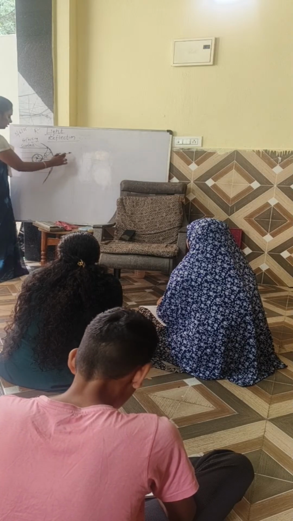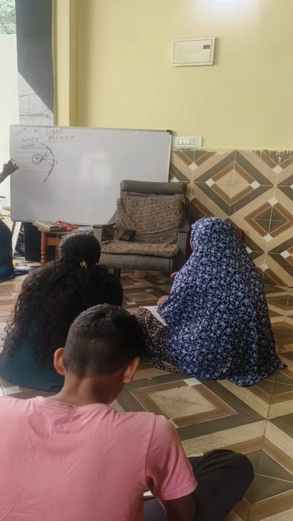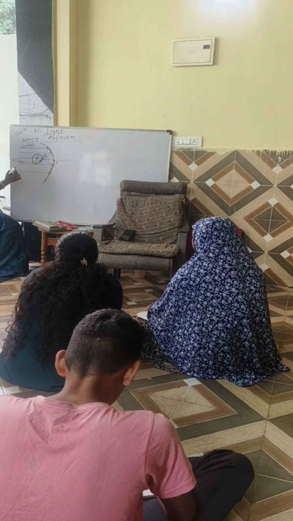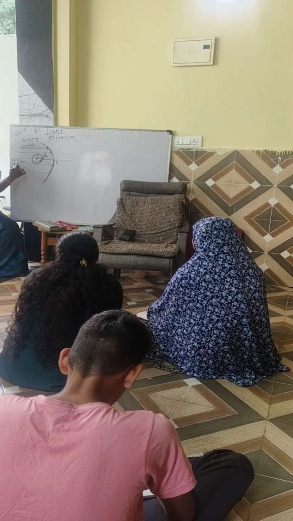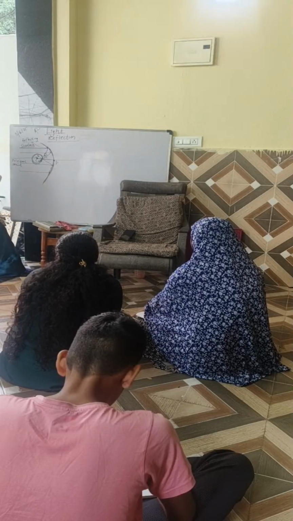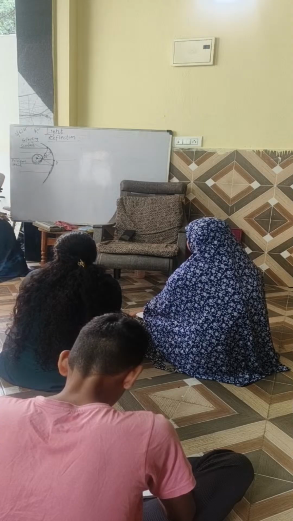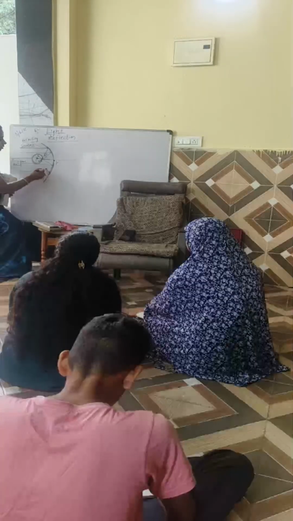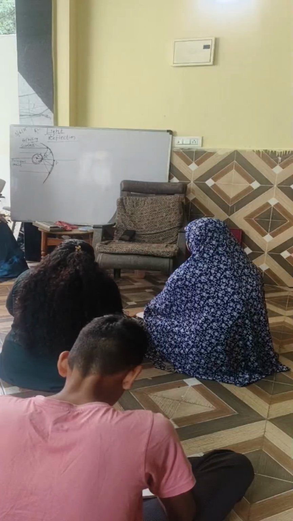What is meant by principal axis? Principal axis means a line passing through the center of the curvature and pole. Okay, this is called principal axis. On the principal axis, these all meet at one point.